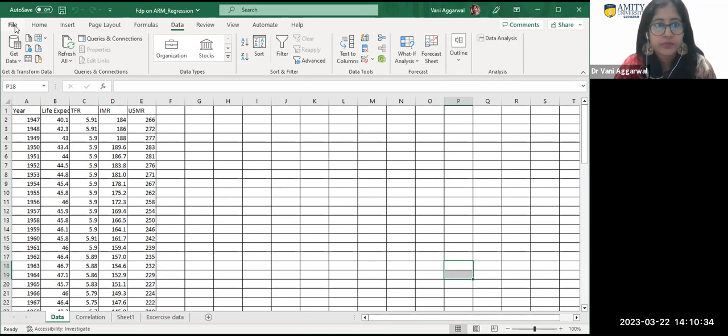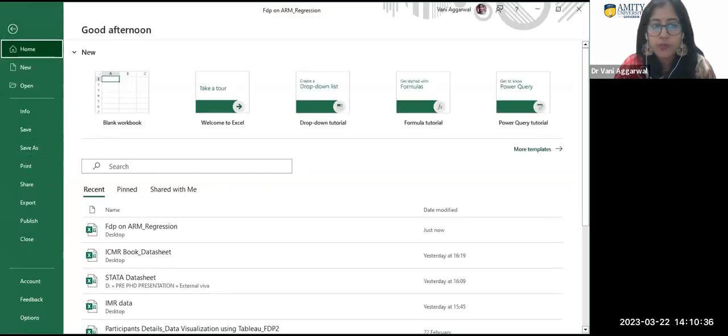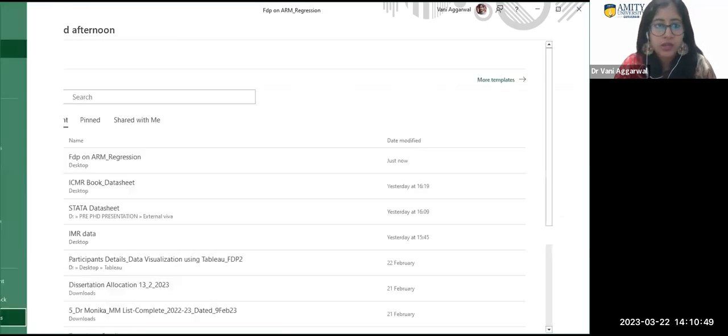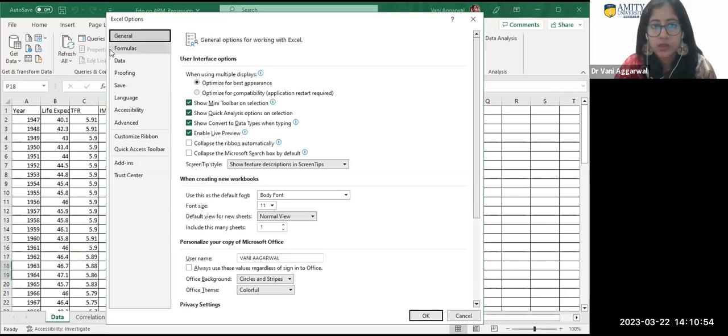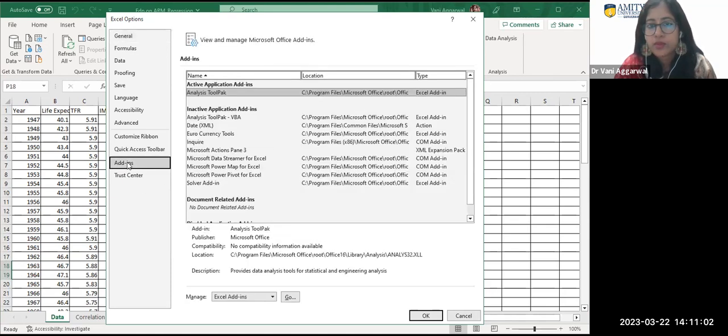You go to file, and then go to options. If options are not there on some of the computers, there is an add-in option. So click on add-in, then on options, right? Then here, add-ins. See here, under active application add-ins is analysis toolpack.